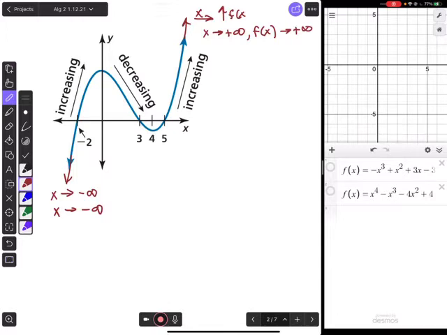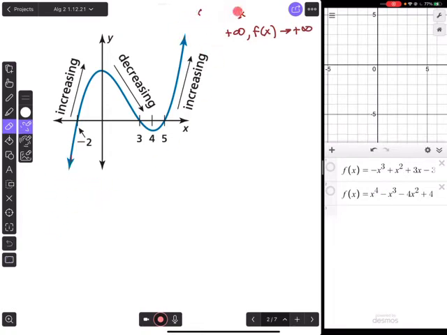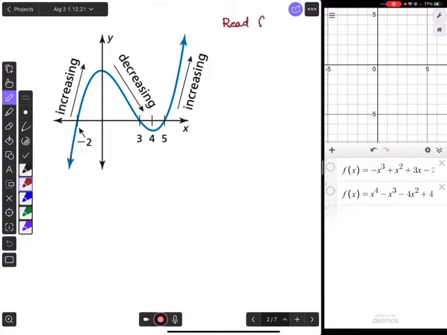What does it do? And to describe the in-between part, we use the concept of increasing and decreasing. When you're doing increasing and decreasing, just read from left to right. By that, I mean start at the furthest left end and just start tracing the graph and decide, am I going up, increasing, or am I going down as I trace it?